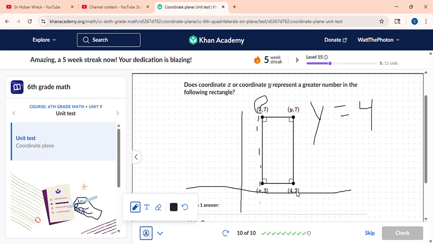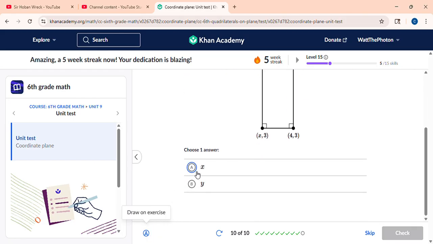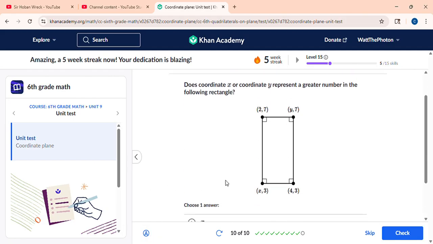These are the same. And then this has to be equal. So x equals 2. Y is equal to 4. These have to share a number. Or y is equal to 3 rather.